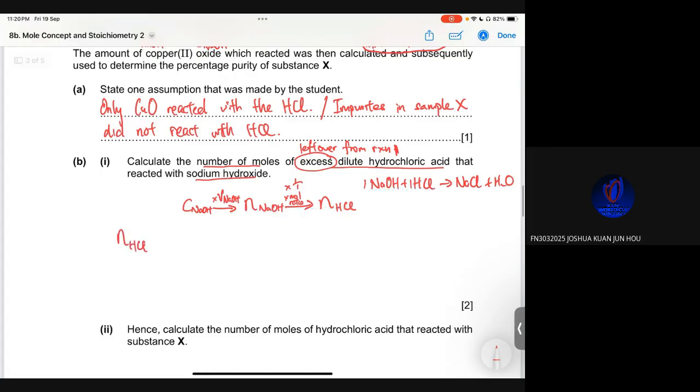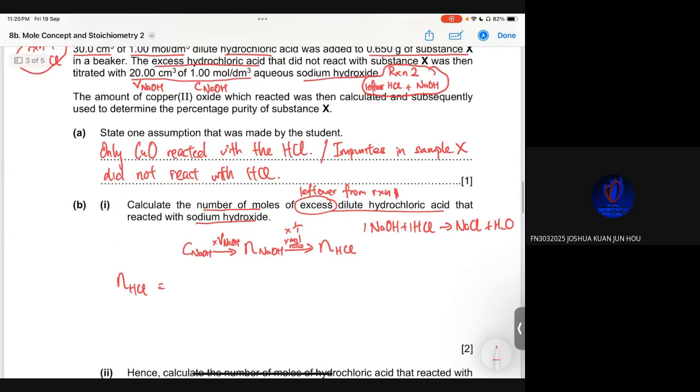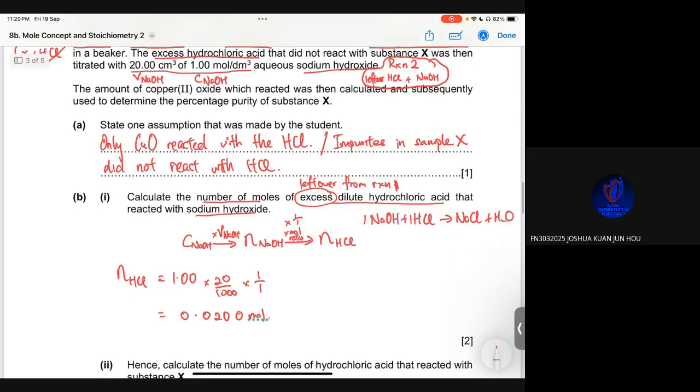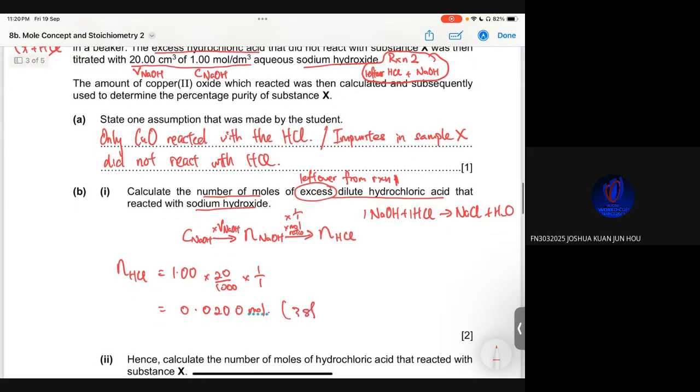Number of moles of HCl is equal to the concentration, 1.00, times 20/1000 because you convert to dm³, multiplied by 1/1. If you do everything together, you'll get 0.0200 mol. Right? So this is the moles of HCl, 3 SF.